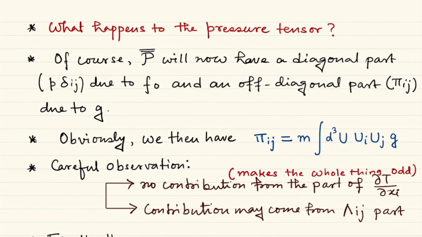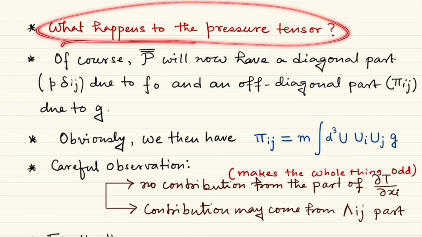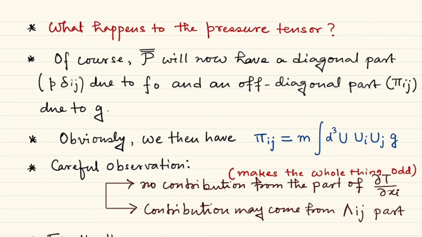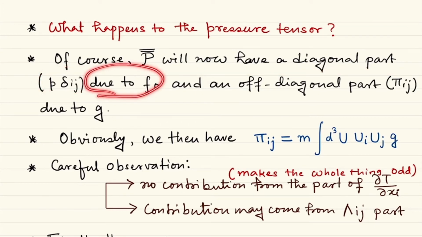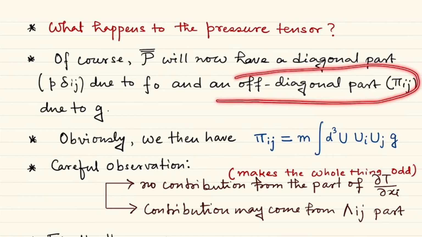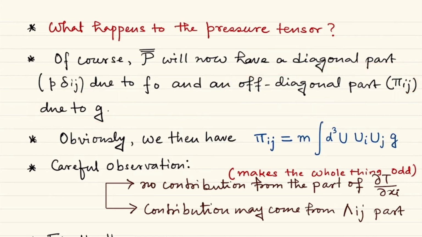Now the question is, that was the story of the heat flux tensor. Now what is the destiny of the pressure tensor? What happens to it? Of course, the P tensor will now have a diagonal part, P delta ij due to f0, plus an off diagonal part, small pi ij due to the perturbation g.